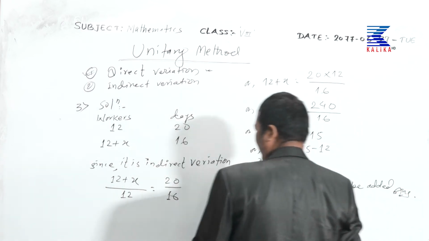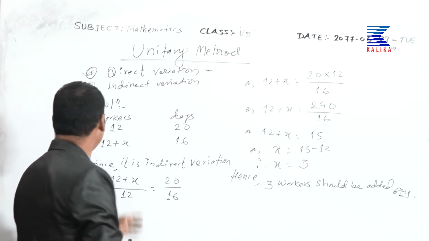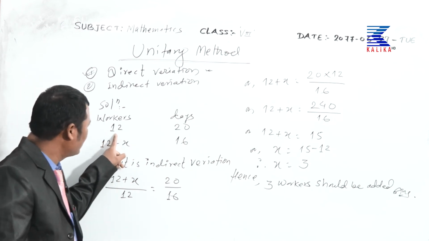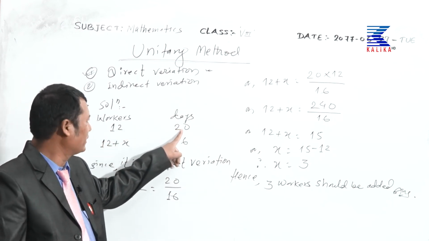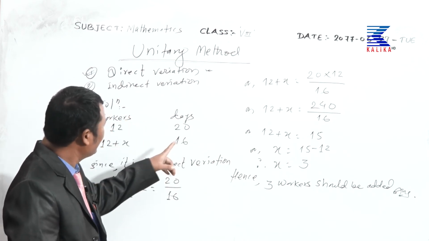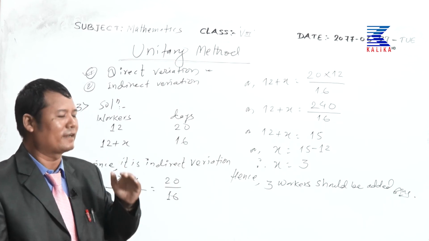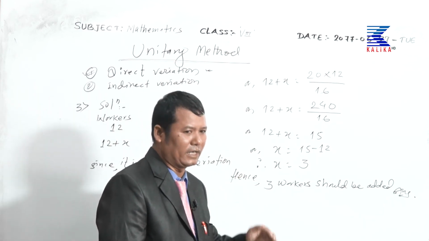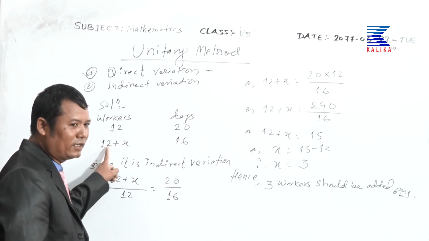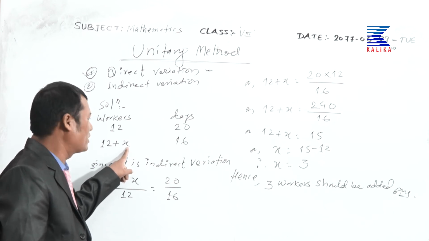That is the required answer. Once more please, my dear students, question number 3: 12 workers, days is 20. The work is completed within 16 days, so some workers are added. Already 12 workers, then some workers means plus x.